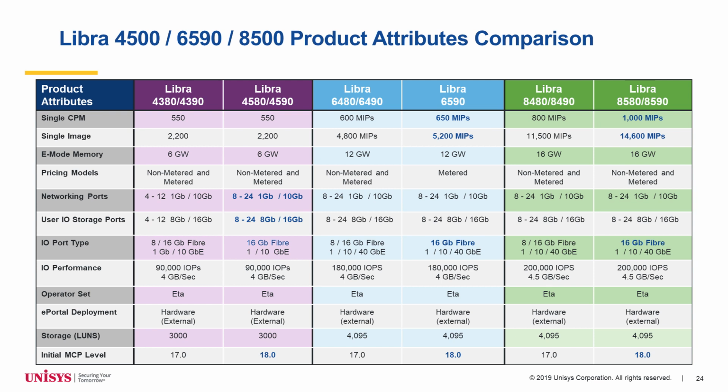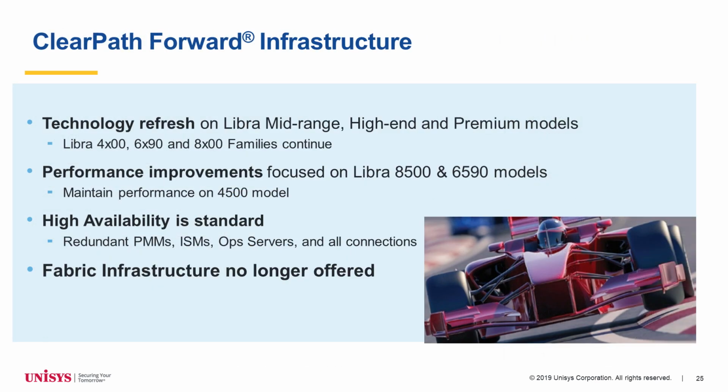And the hardware is similar to that which you find with the Libra 8500 on the 6500. So it's very similar to the 8500 in many aspects, except that the performance is a little bit less. It supports MCP 18 and now 19. So the minimum level is MCP 18.